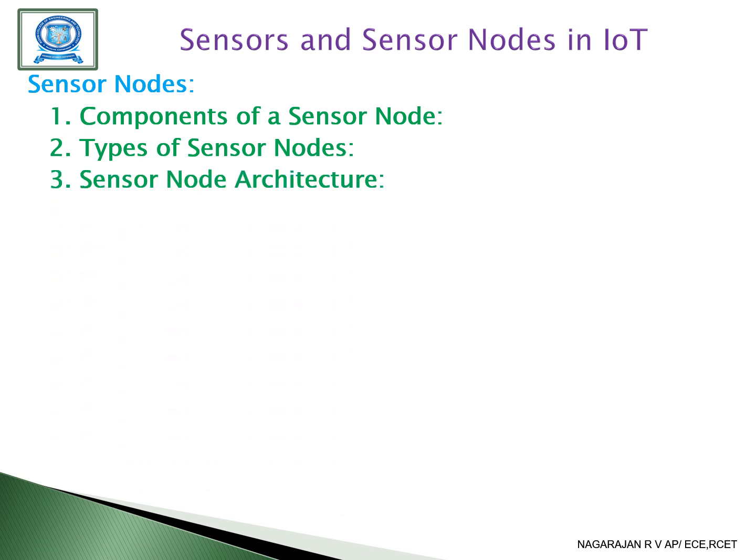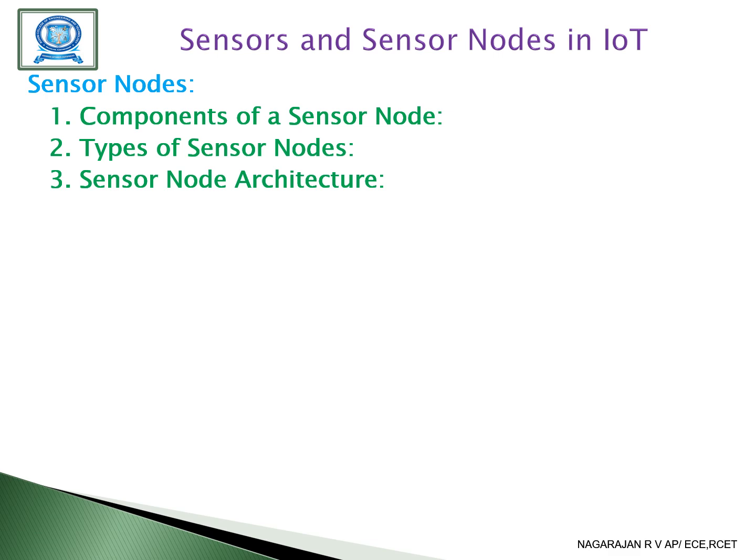Next, sensor node architecture. In the sensor node architecture, we have separate units: first the sensing unit, next the processing unit, next the communication unit, and finally the power management unit. The sensing unit includes the sensor and an ADC, the analog to digital converter, that digitizes the sensor output.